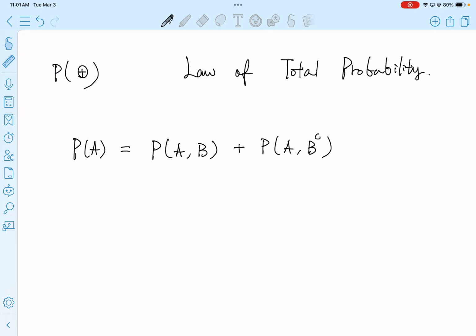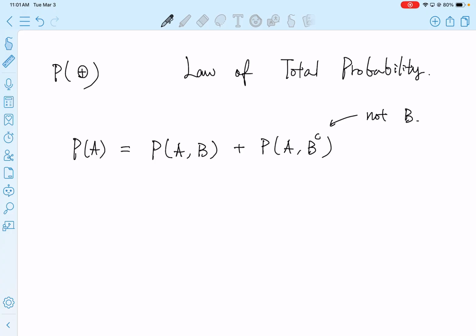I will add the C on top, so this is for the complement, which is also saying not B. That is the idea of the law of total probability.